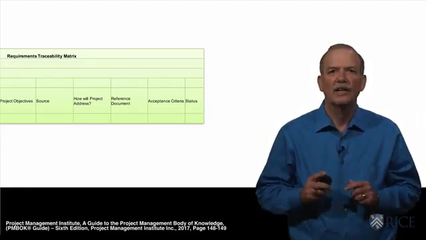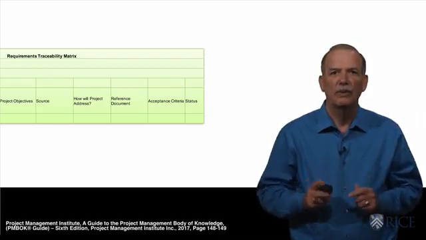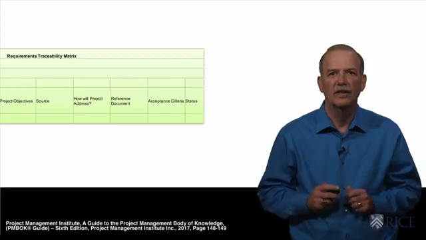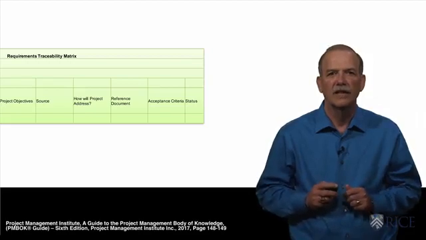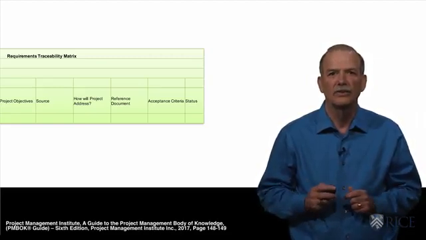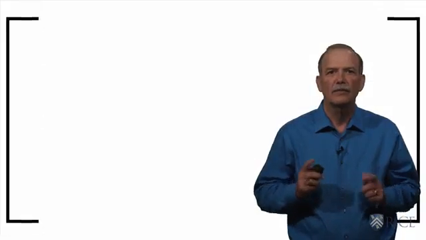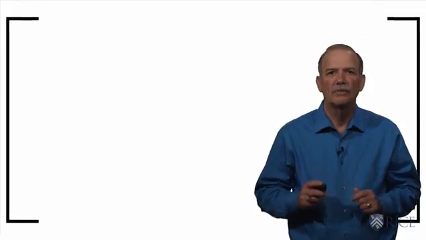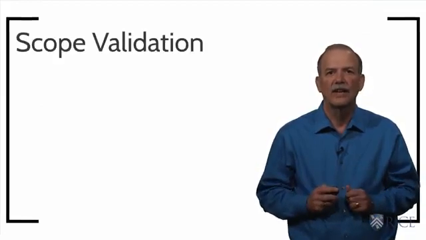At this point, we have an approved requirement matrix that has been incorporated in the approved project scope statement. Let's assume that we're executing our project and producing deliverables. The process to confirm that we're meeting the requirements of the project is called scope validation.